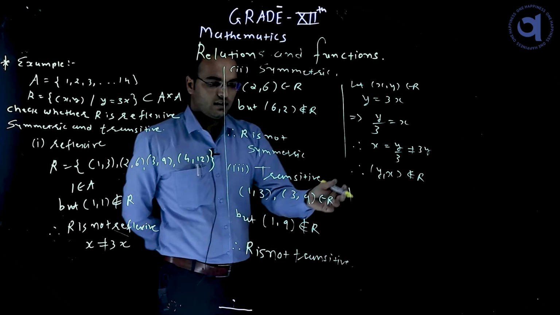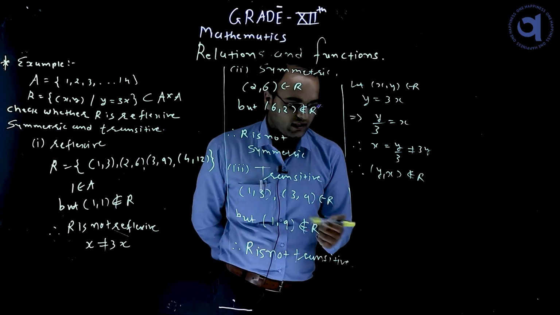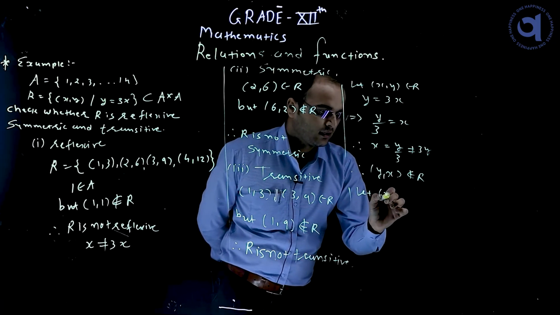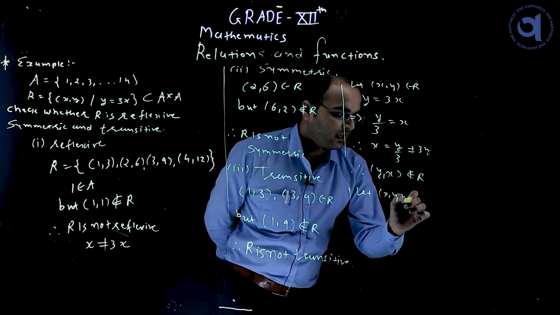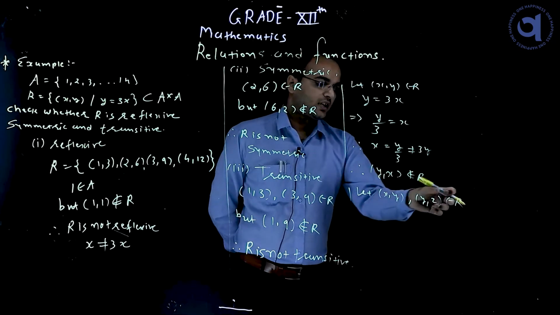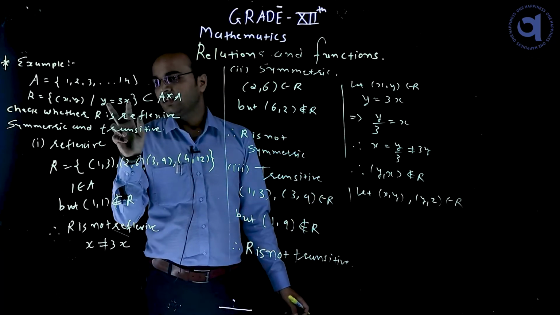Okay, and the general thing is this. For transitivity, consider any two ordered pairs in the relation. So let x comma y and y comma z belong to R. These two ordered pairs in the relation mean that x is related to y with this relation.